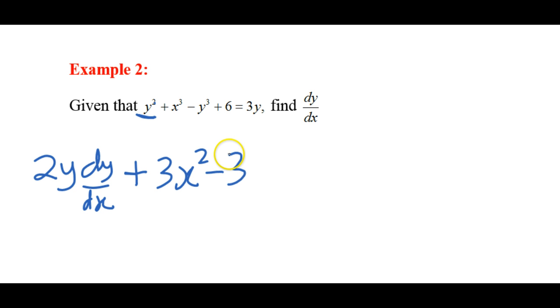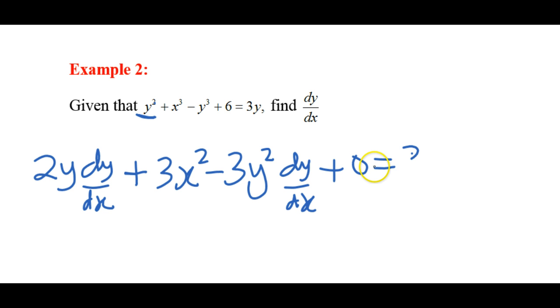Minus 3y squared, then dy dx. Plus, when I differentiate the 6, it will give me 0. Remember, it's a constant. It's equal to 3y. And remember, if I differentiate 3y, I will get 3, because 3y is to the power 1.